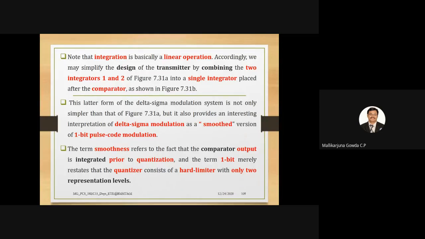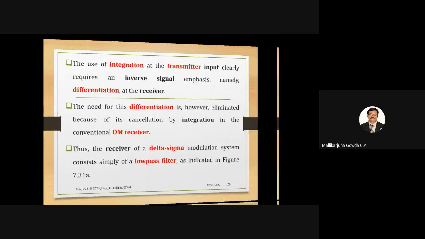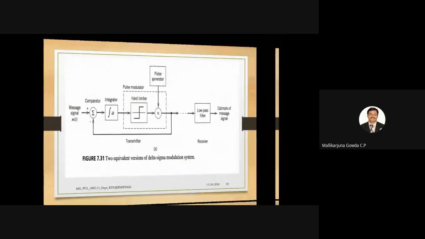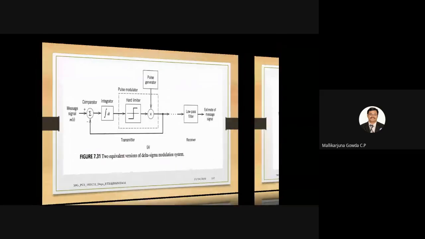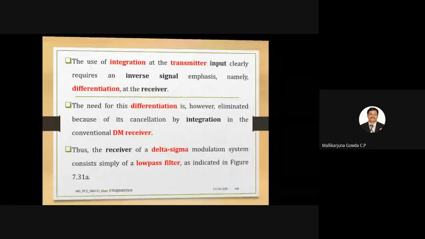Integration is a linear operation, so we may simplify the design of the transmitter by combining the two integrators into a single integrator placed after the comparator, as I have already told with respect to this block diagram. In the previous block diagram we have two integrators, so we can combine them and use only one integrator after the comparator. That is what is done there.